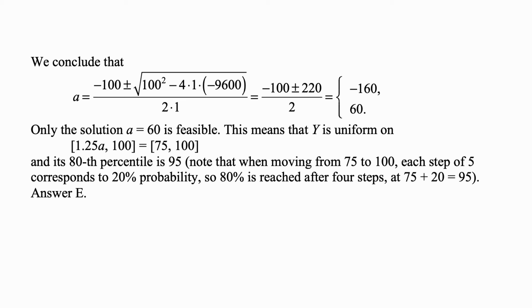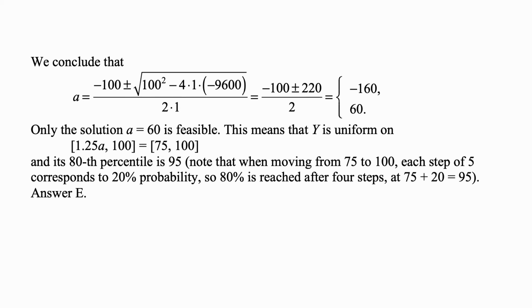A is equal to negative 100 plus or minus the square root of 100 squared minus 4 times 1 times negative 9600, all divided by 2 times 1. That's negative 100 plus or minus 220, over 2. And the two solutions are negative 160 and 60. Only the solution A equals 60 is feasible.